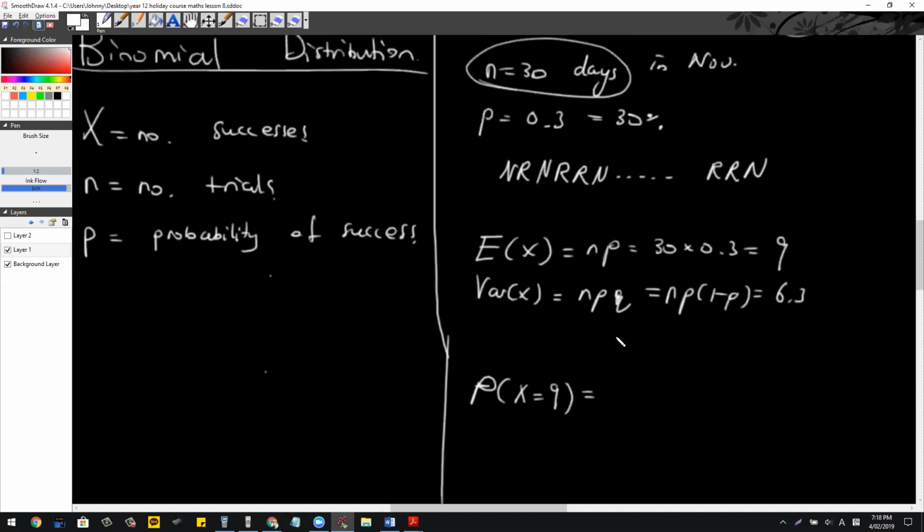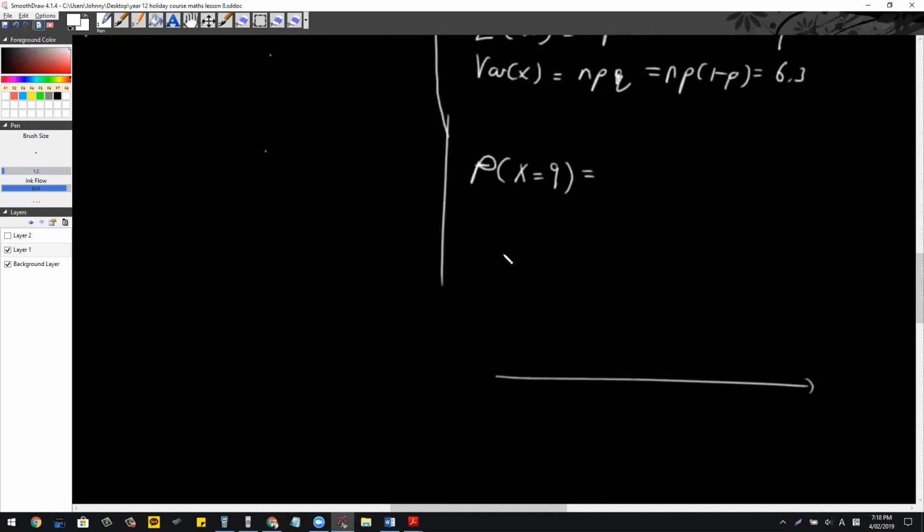So we expect the distribution of the probability to go like this. It's quite low at 0, 1, 2, 3, 4. Towards 9, it's quite big, and then for the rest, it's quite small. This is about 30 days around here, and this is X. So we get some distribution like that, okay?